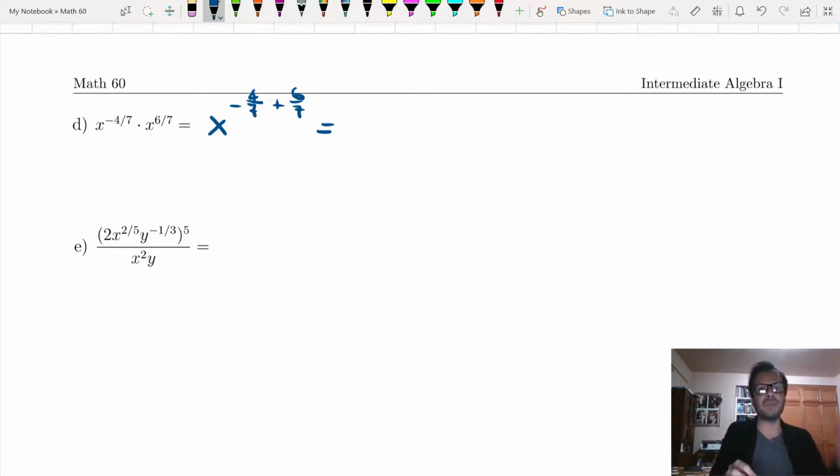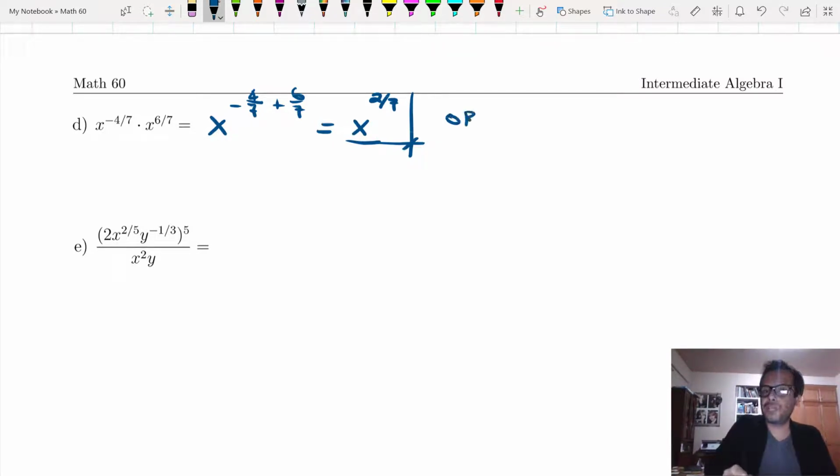Well, -4/7 plus 6/7, we get a total of x to the 2/7. This would be the final answer if you were asked to do only rational exponents. However, if you were asked to write this using radical notation, keep in mind that the index comes from the number I'm highlighting, the denominator of the rational exponent, which is in this case a 7. So we will have the 7th root of x squared.